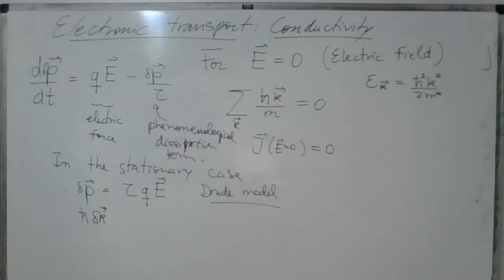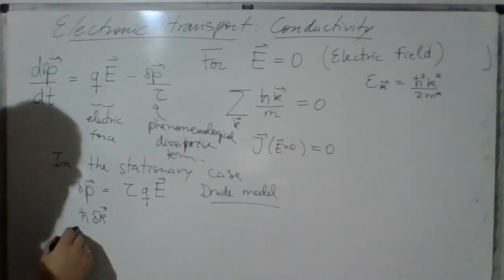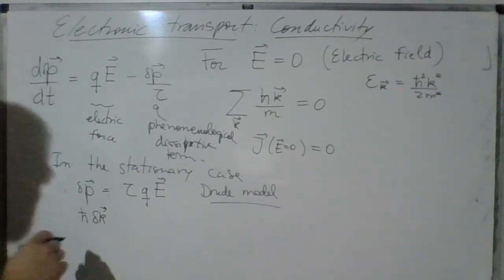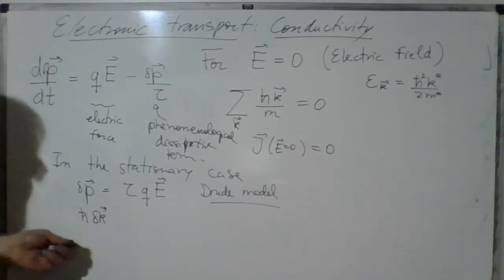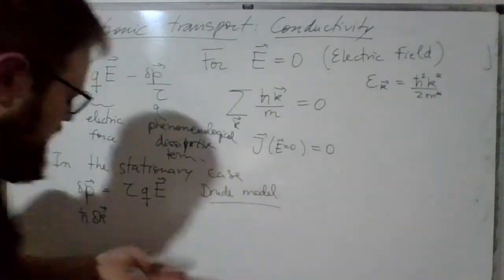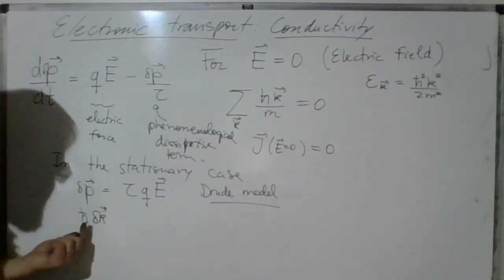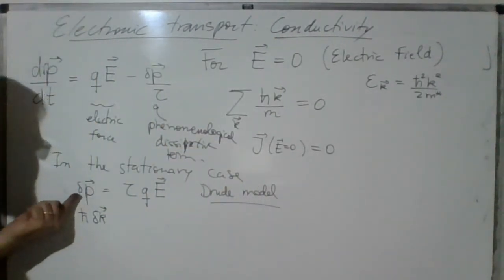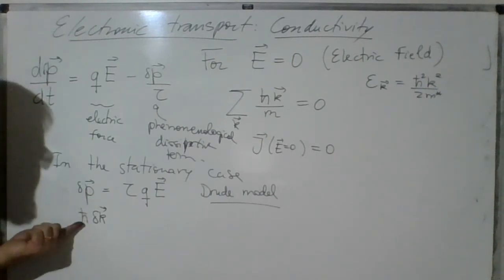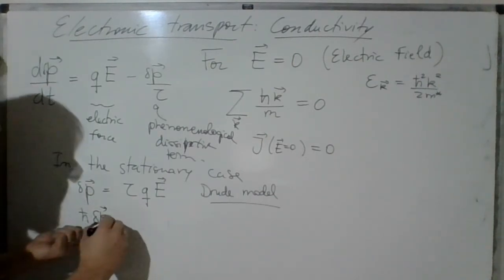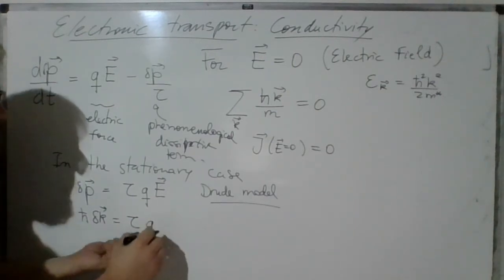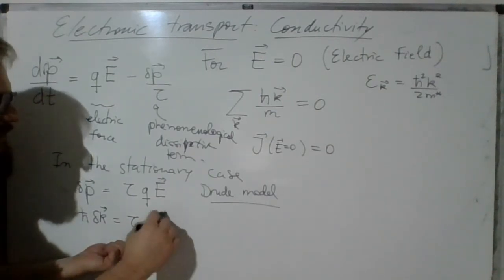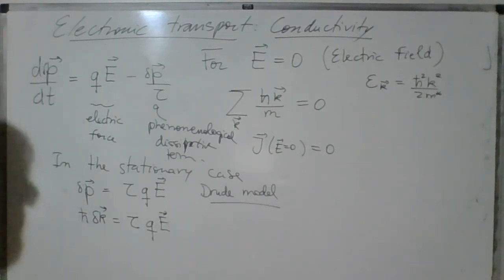It is not divided by anything here. The delta of momentum is h bar delta of the wave number, which is equal to the collisional time, tau, multiplying the charge, multiplying the electric field here.